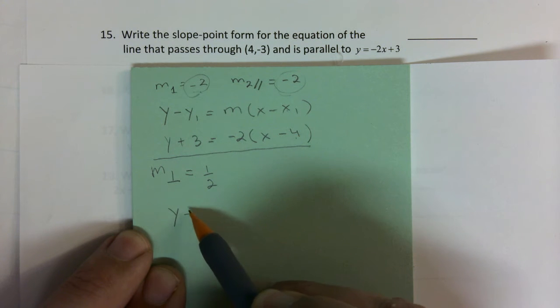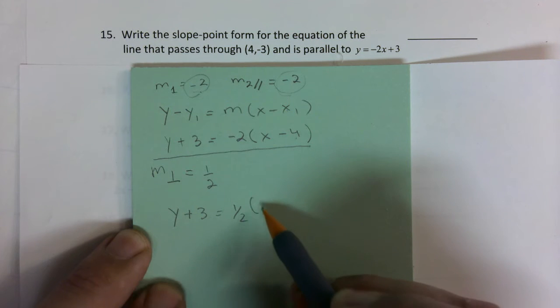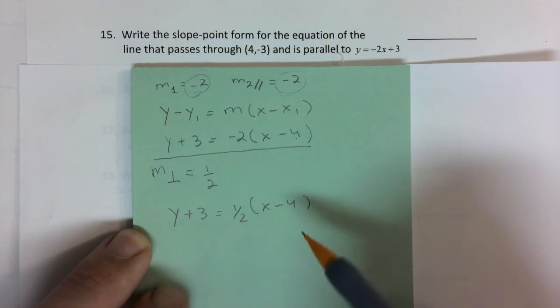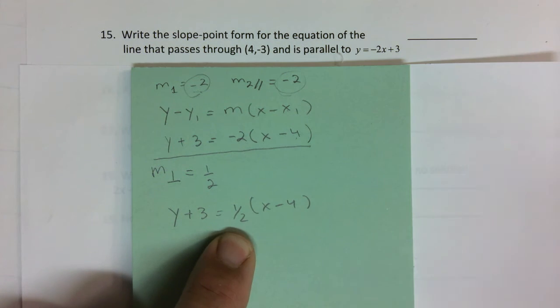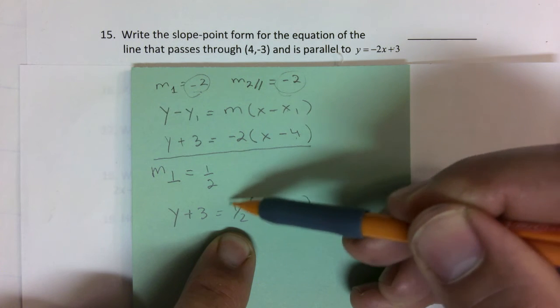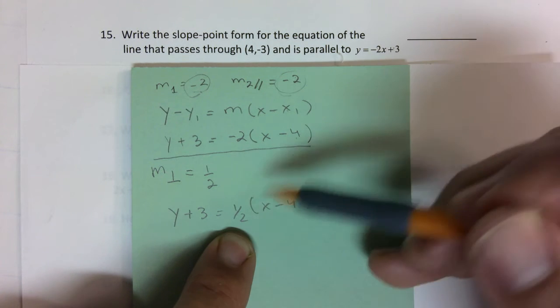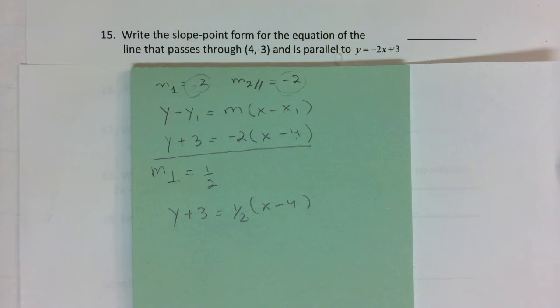The other part would be the same, right? y + 3 = 1/2(x - 4). So this is going to be a line perpendicular to the one we started with, this one up here. How do we know that? Because we have a negative reciprocal of that slope. So we know they would collide at 90 degrees.